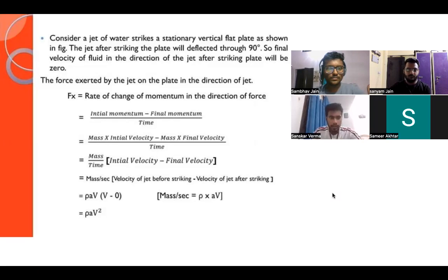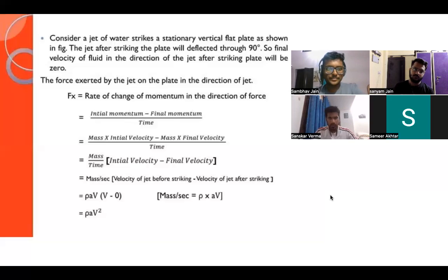So it will gain a velocity in the vertical component only. So the force exerted by the jet on the plate in the direction of the jet, we can calculate as the rate of change of momentum in the direction of force, which is initial momentum minus final momentum divided by time. We put in the formula of momentum, which is mass into velocity, so for initial momentum we take the initial velocity, and for final momentum the final velocity, divided by time.